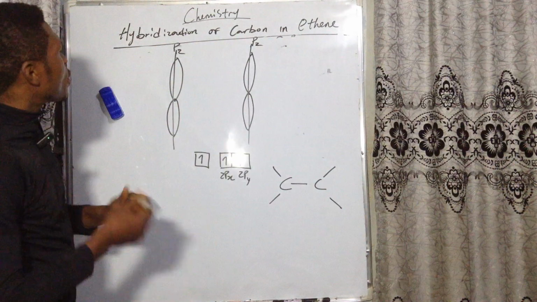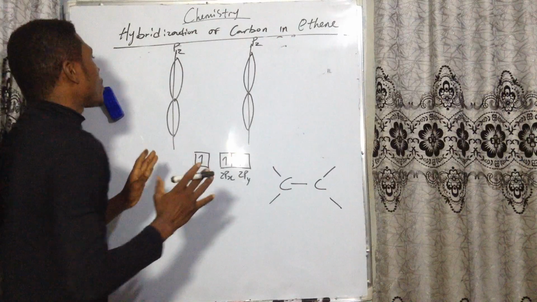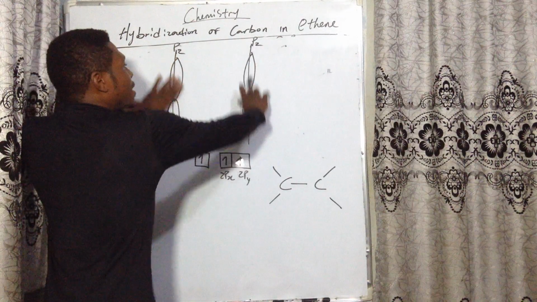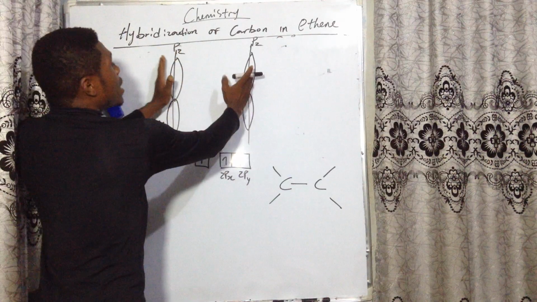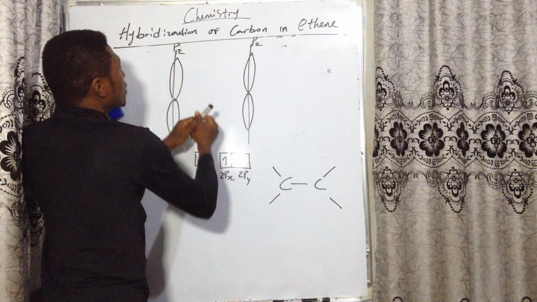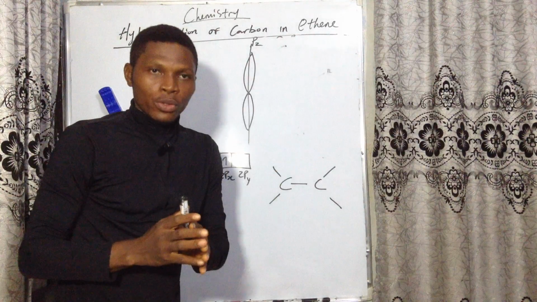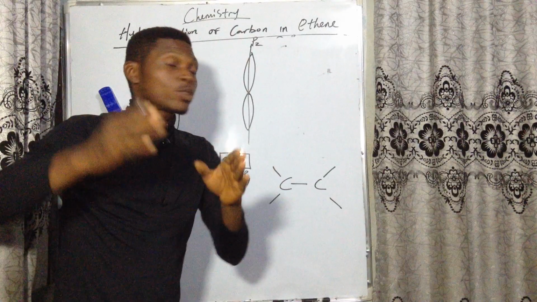Now, because these are the remaining orbitals, see what will happen. They will now come together. That is, the two charged clouds, these are electron clouds. They will now come together, forming a collateral covalent bond, or we can call it collateral overlapping of electron clouds.